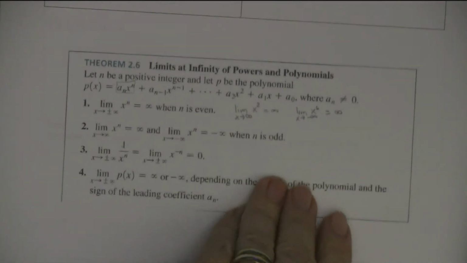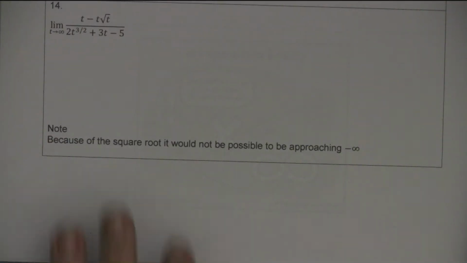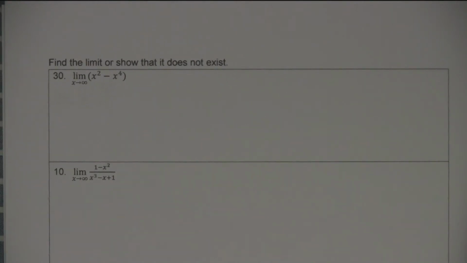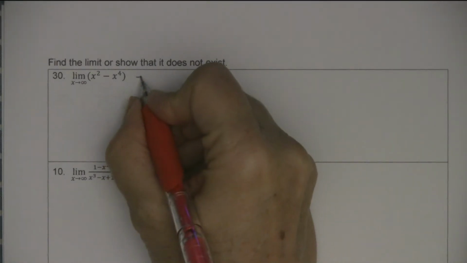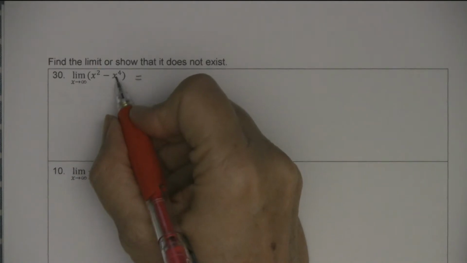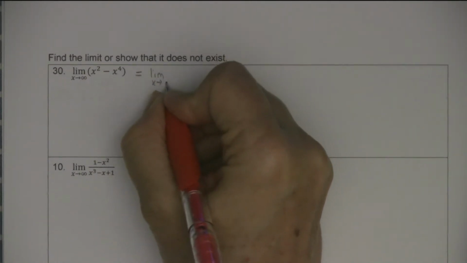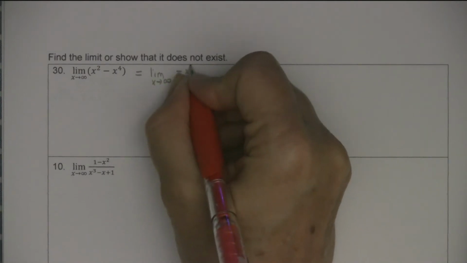So we'll give a try to some. Here they're asking me, this is number 30, to find the limit. And according to number 4 that we just found, look at the leader. So this is the limit as x goes to infinity of negative x to the 4th.